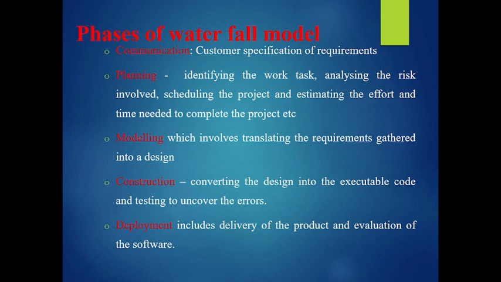Here we hand over the project to the respective customer. After delivering the product, if there are any changes or the customer faces any issues, we have to go for maintenance. These are the basic activities of software development.